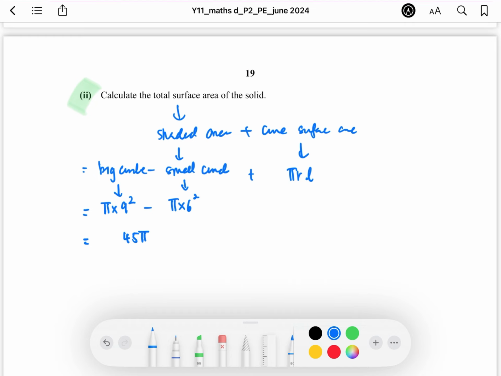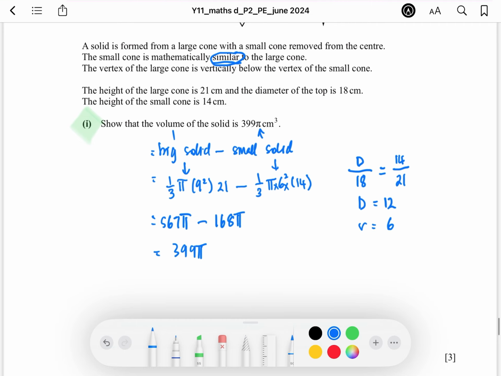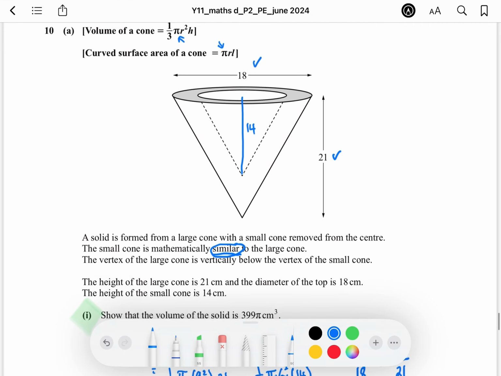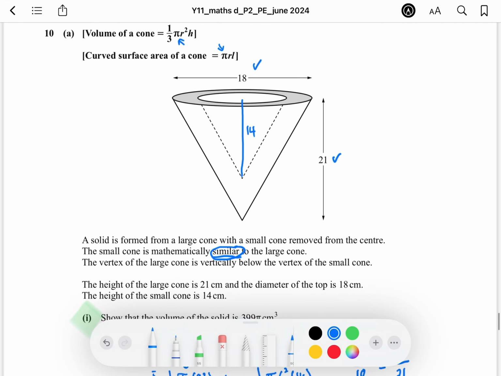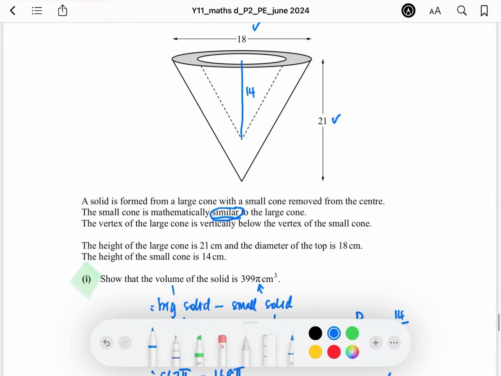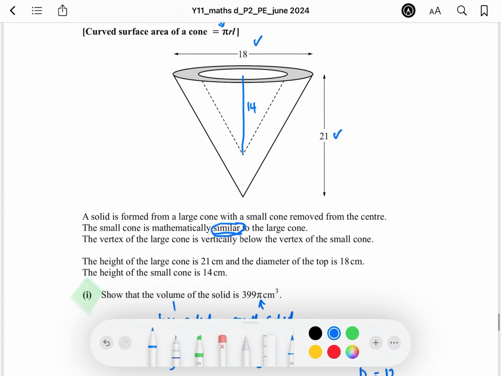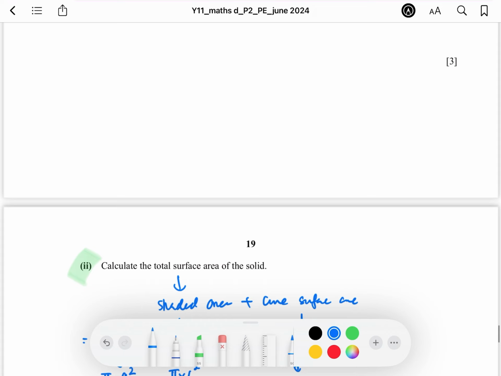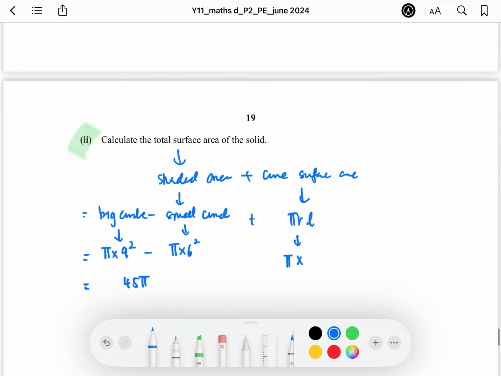And then pi RL, you have the pi, so the radius is the bigger circle... hold on, it's the total surface area. So okay, curved surface area of the big plus the curved surface area of the small.